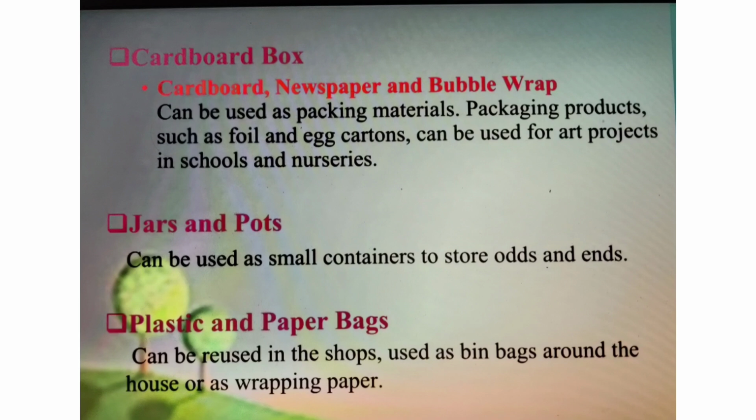Now the jars and pots: while purchasing jam, pickle, etc., we will get jars and pots. These can be used to store other items after the usage. Then plastic and paper bags can be reused in shops or used as bin bags.